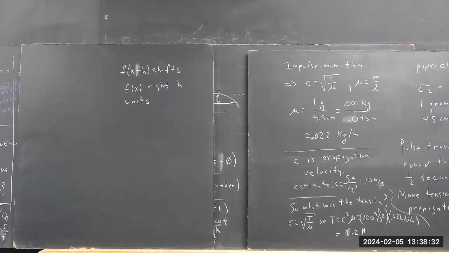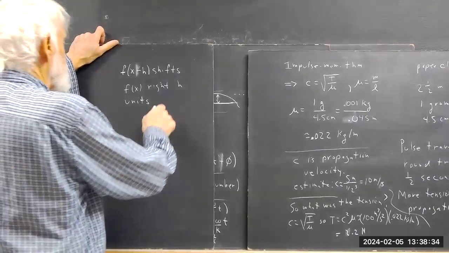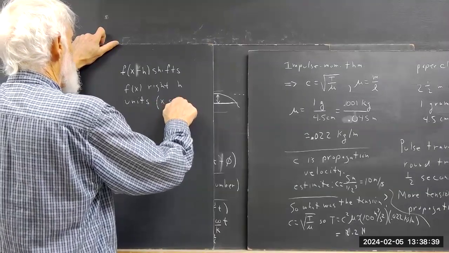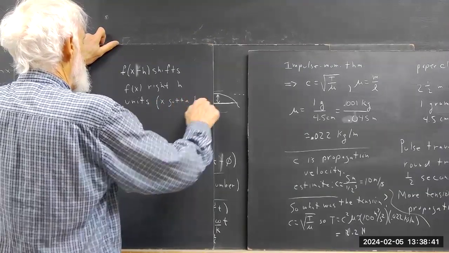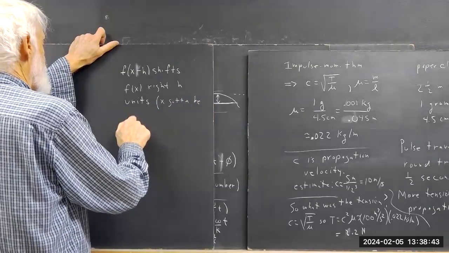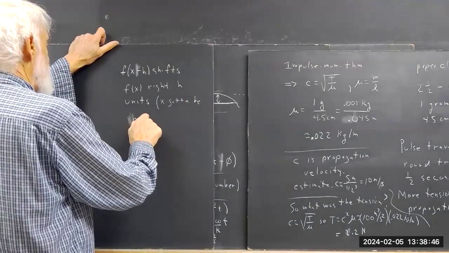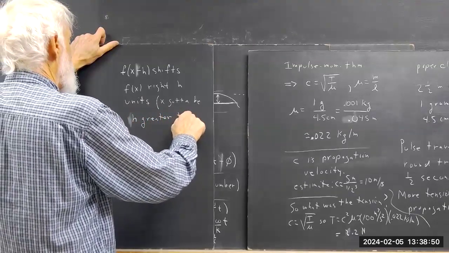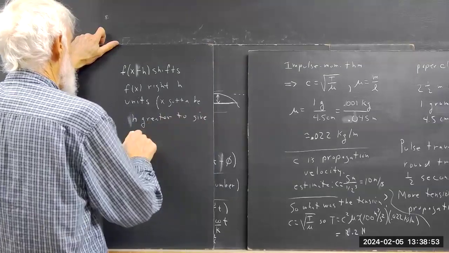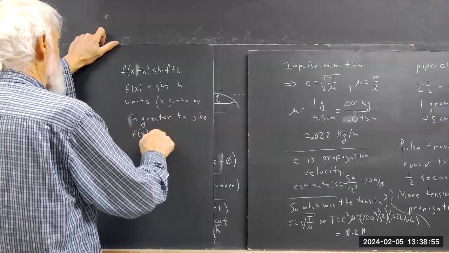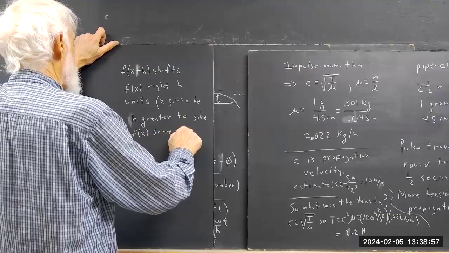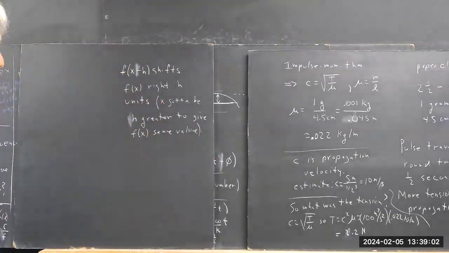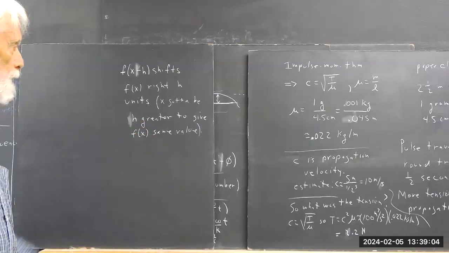And there's a simple reason for it. x has to be h greater in order to give f of x the same value.